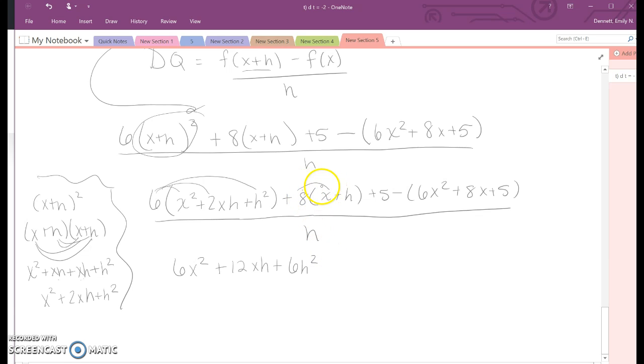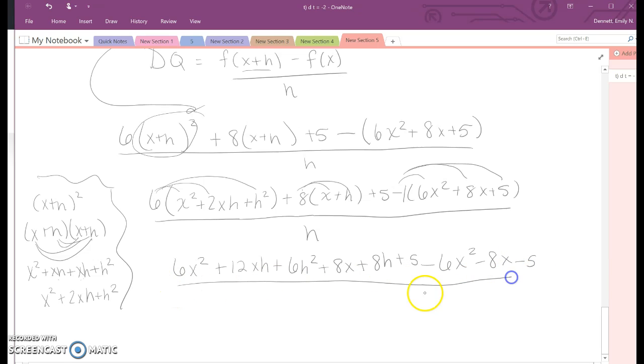Then we'll distribute this positive 8, so plus 8x plus 8h. And we just have this plus 5. And then this is like a negative 1 that we're distributing to these three terms. So minus 6x squared minus 8x minus 5 all over h.